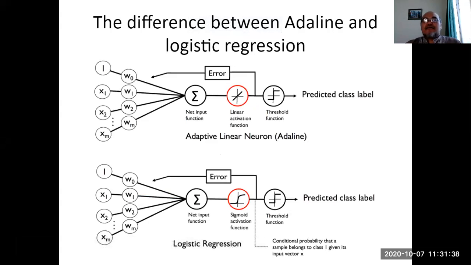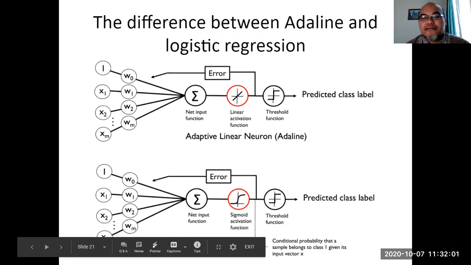Okay, now a little bit of review. If we compare this logistic regression with other models, how does it differ? In the other model, remember that the activation function is linear. Let me annotate now.